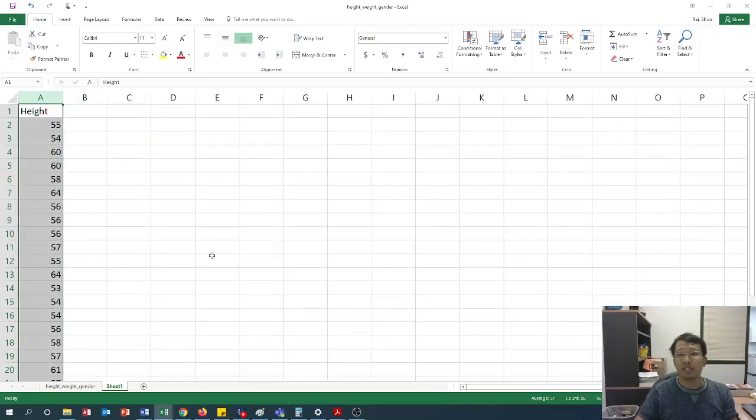Just select this one, go to sort and filter, and sort smallest to largest, and it will sort this. This will help you figure out whether the 90% confidence interval will exactly or approximately contain 90% of the entire data or not, and that will help you realize that.